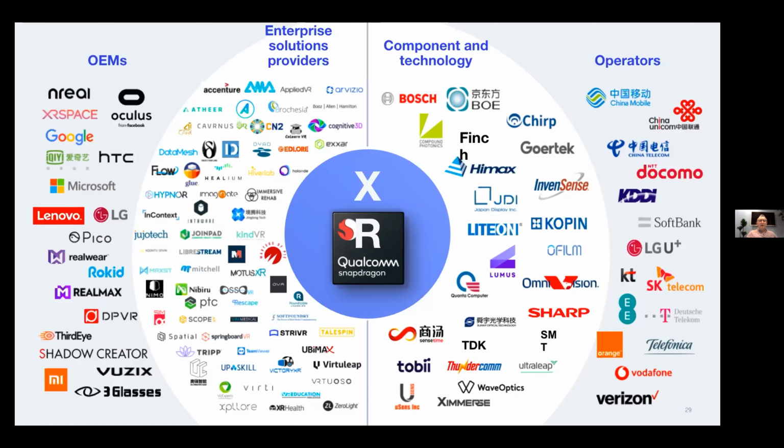And what this has done for us is really enable us to get really close to the end user, really get close to the use case, and truly understand the needs. And if you will, this really completes the loop. So again, we create a technology, we implement that in a chipset, that chipset gets implemented in a headset, that headset gets used by an end user using a solution from a company just like VictoryXR, and then we want to get that feedback right back and continue evolving the technology.